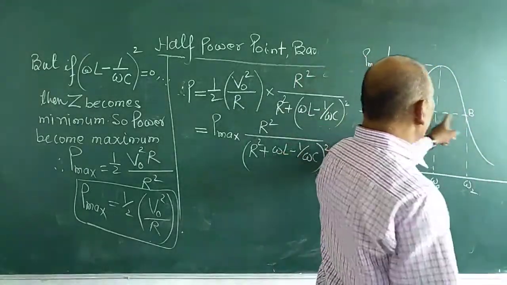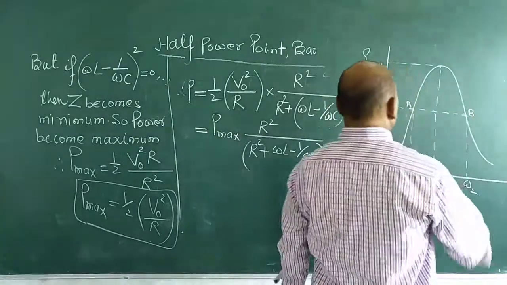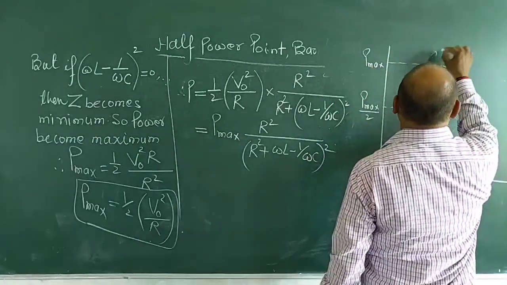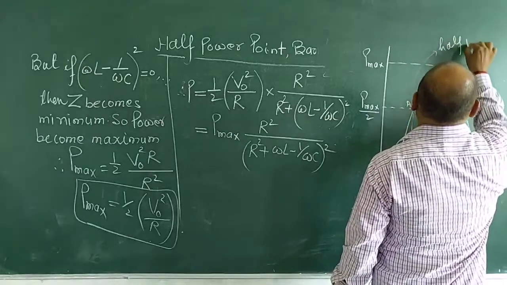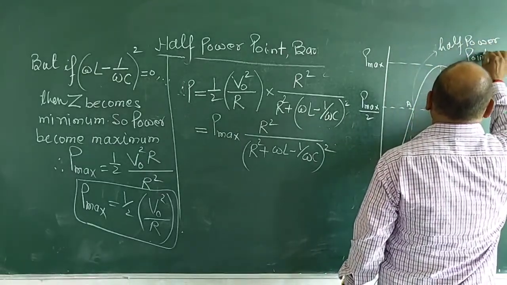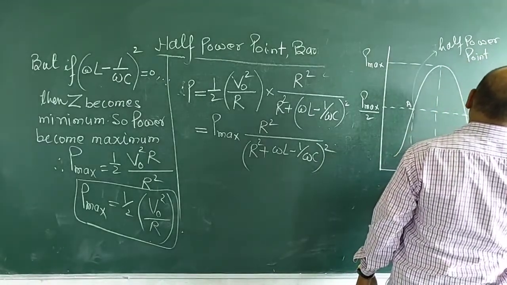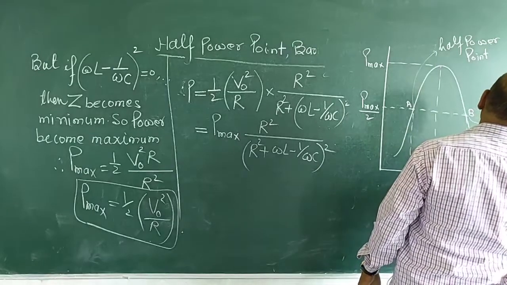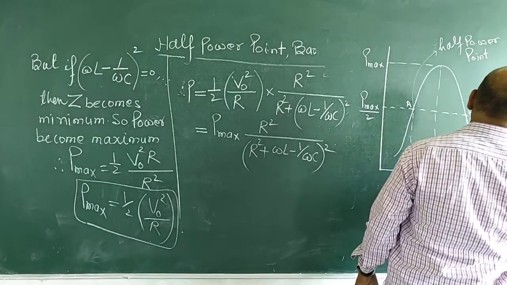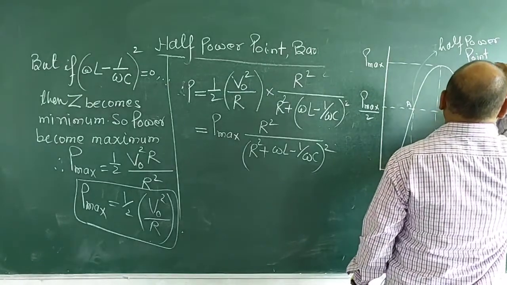So A is the half power point for omega 1 and B is the half power point for omega 2.